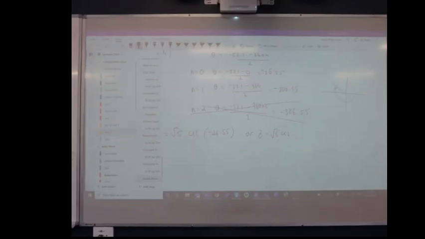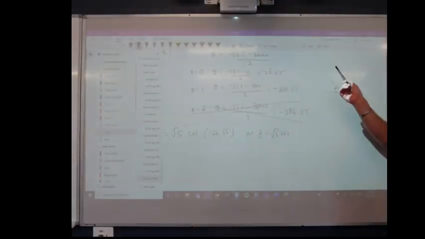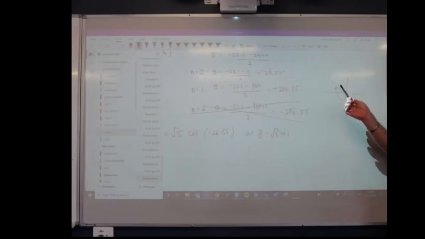So if we have an angle in the second quadrant, do I express it as a positive term or a negative term? If I have a position in this quadrant, remember the principal arguments? So I should really express that as a positive angle. So if that's minus 206.55, what's this angle left here?